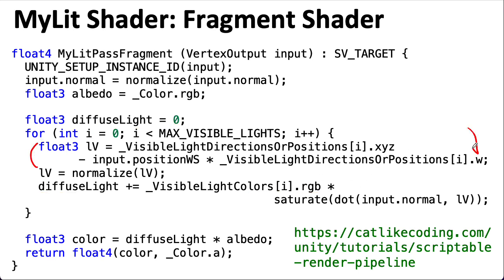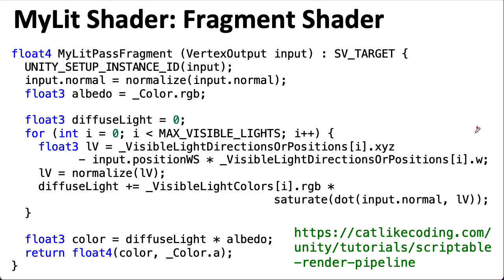Well, the W component of the light has 0 or 1 in it, and it has 0 if it's a directional light. So if it's 0, this whole second term here winds up disappearing, and we're just left with visible light directions or positions. And for a directional light, this indicates the direction. Now, we wind up normalizing it, and it's already normalized, but normalizing it again doesn't hurt.